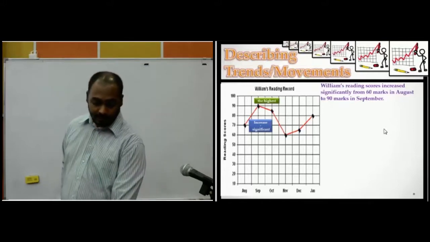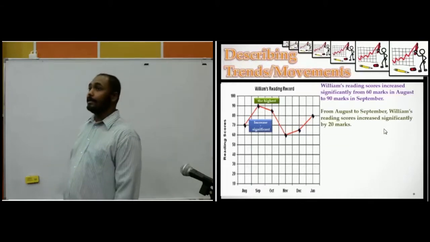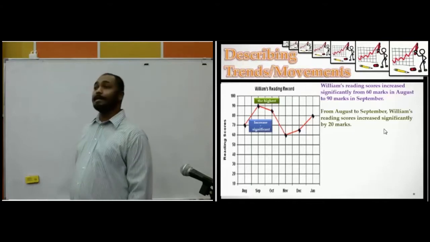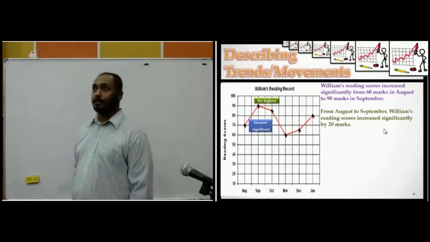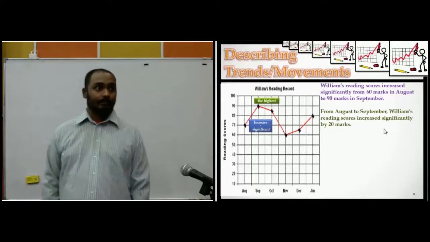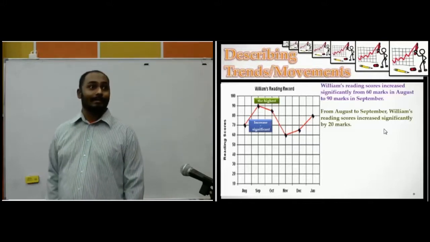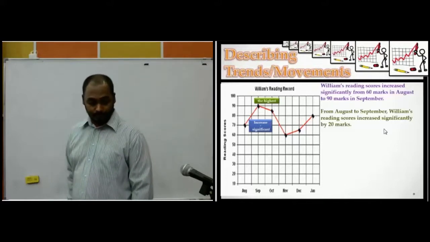You can also describe. You can also start your description by stating the time frame at the very beginning. For example, like this. Deva, read. From August to September, William's reading score increased frequently by 20 marks.